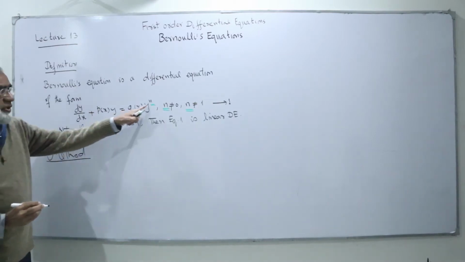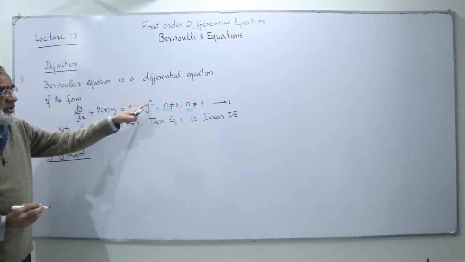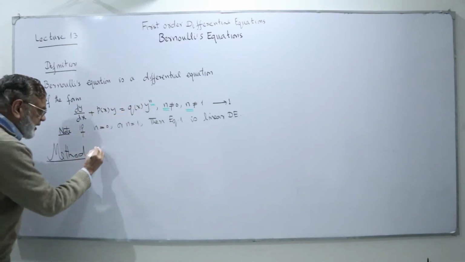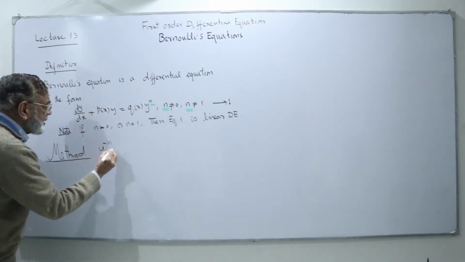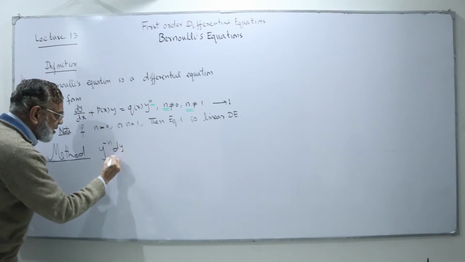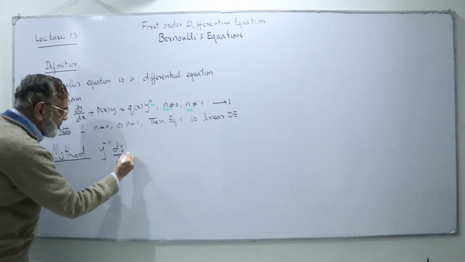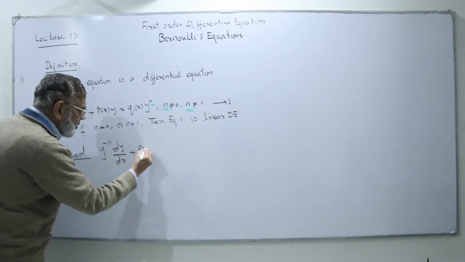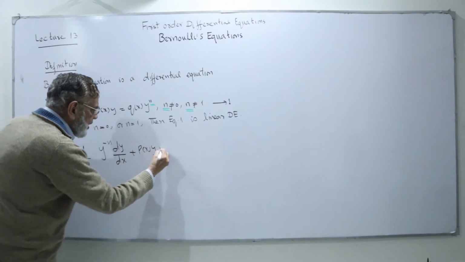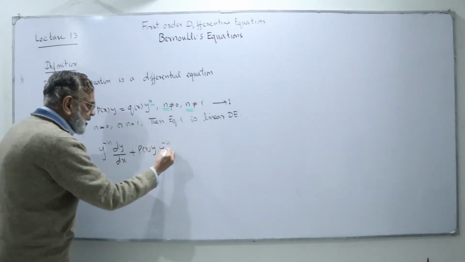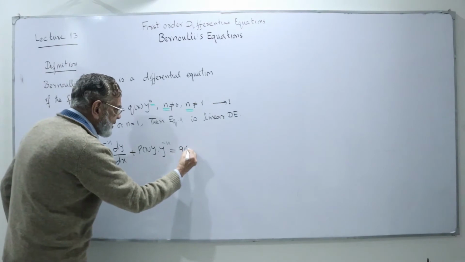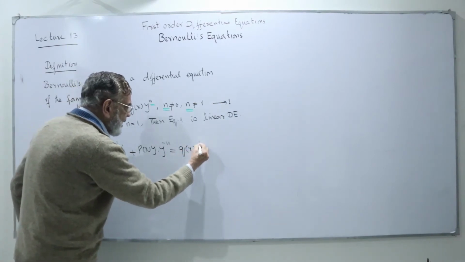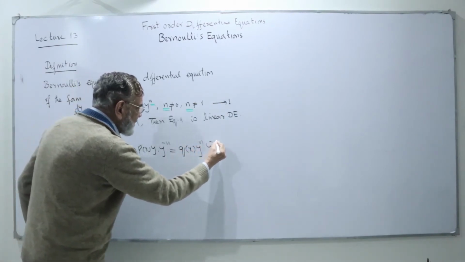We just make this coefficient 1, so multiply the equation by y to power n. We get y to power minus n, dy by dx, plus p(x) y into y to power minus n is equal to q(x) into y to power n into y to power minus n.